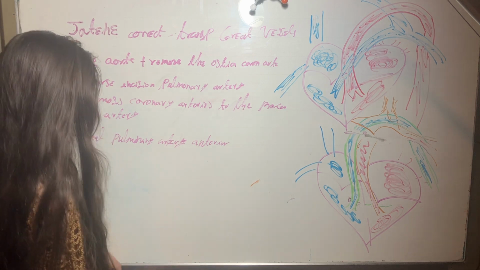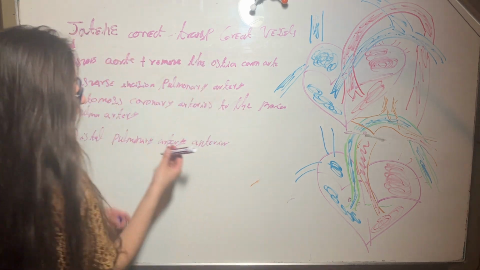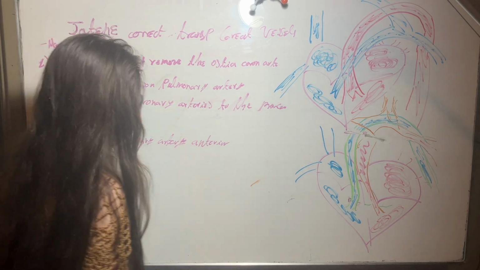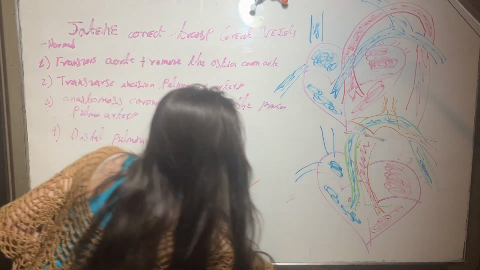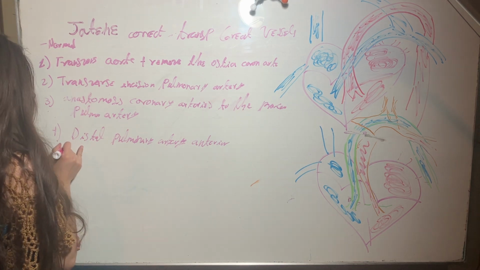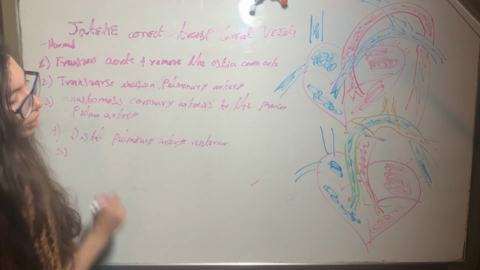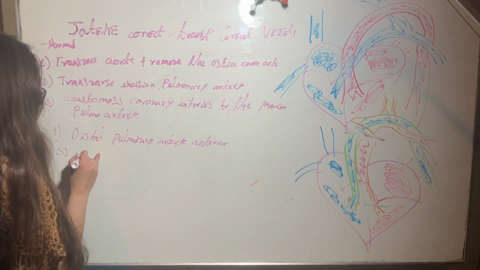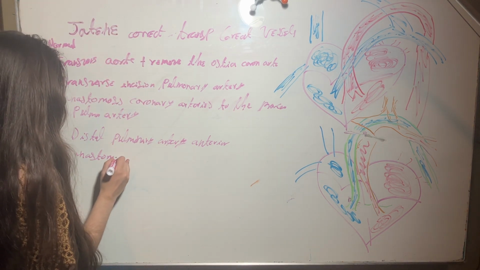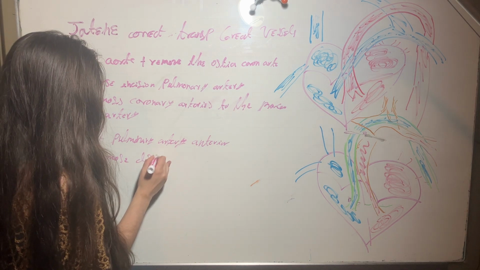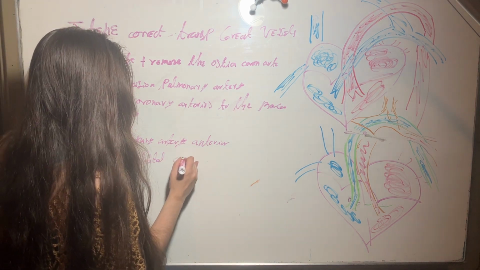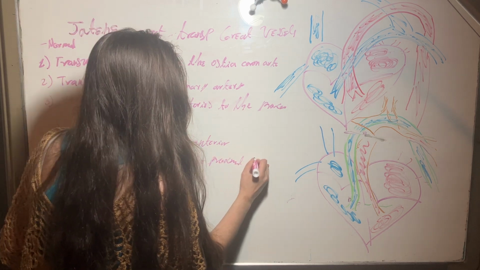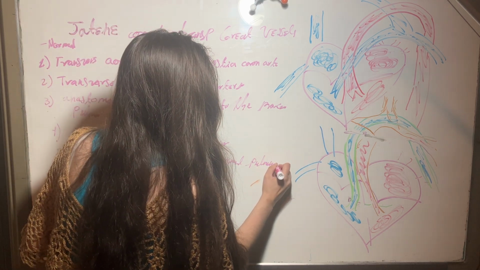And next step, step 5. Now we are going to anastomose the distal part of the aorta to the proximal part of the pulmonary artery.